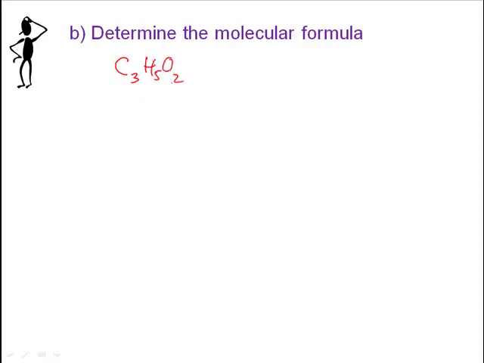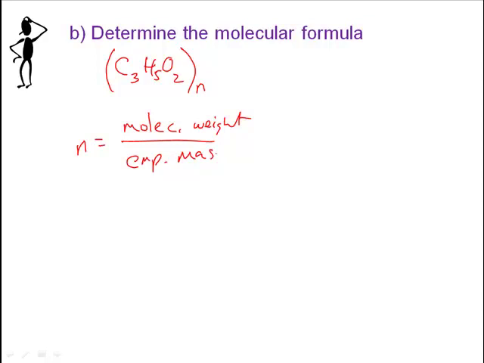Sorry, I was getting ahead of myself. The empirical formula, so that means the molecular formula is a multiple of this, to some power n, and we want to find out what n is. So for this, we need the molecular mass over the empirical mass, or molecular weight over empirical weight. So for the empirical here, we would have 3 carbons plus 5 hydrogens.